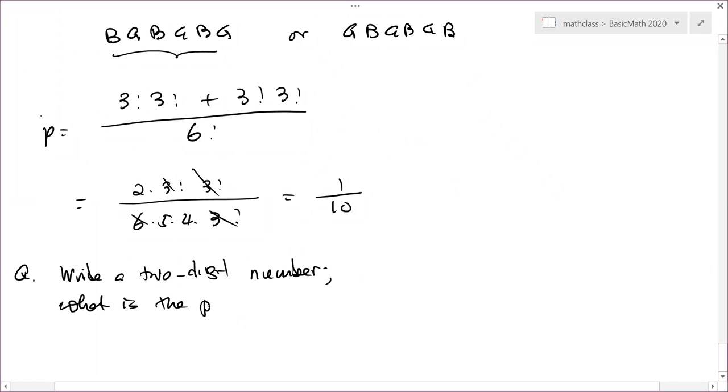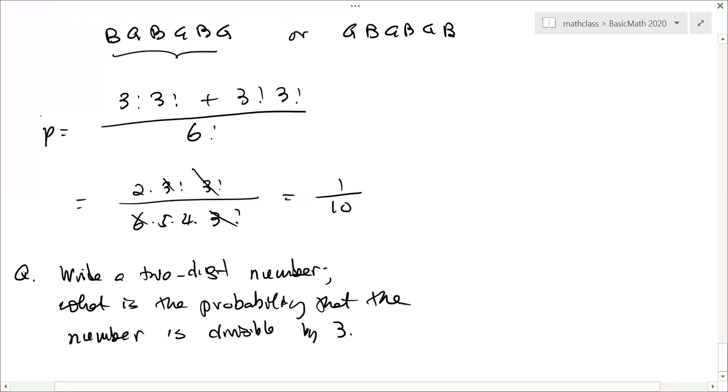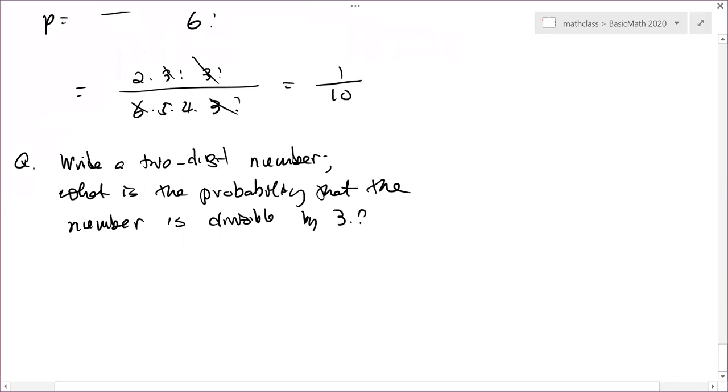What is the probability that the number is divisible by 3? Write down the number at random, of course, at random.